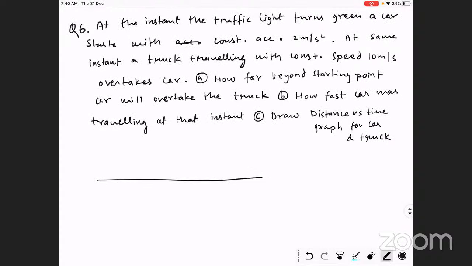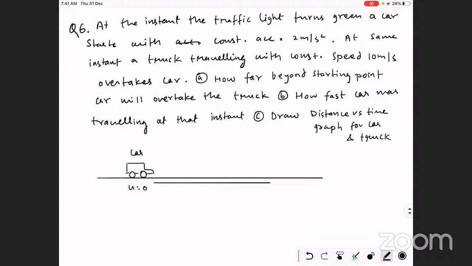See, this is the car. The tires are not good. This is the car. Initial velocity 0. Let's say in t seconds it travels this much.